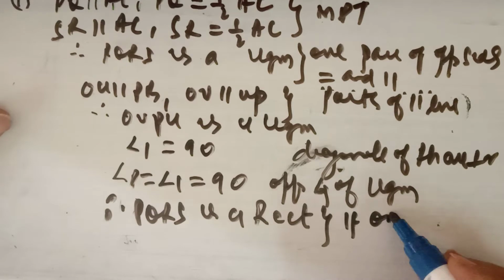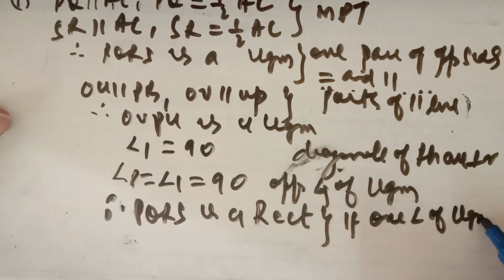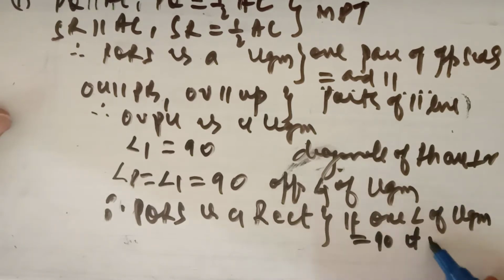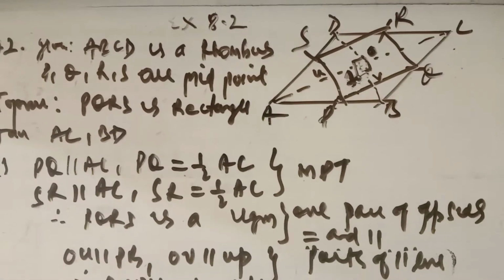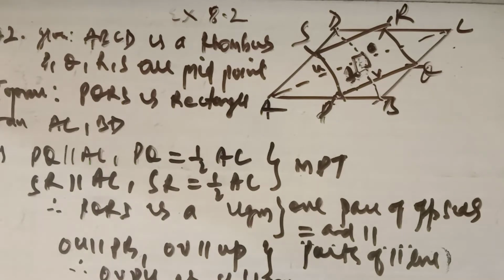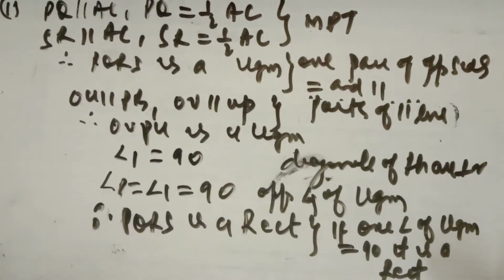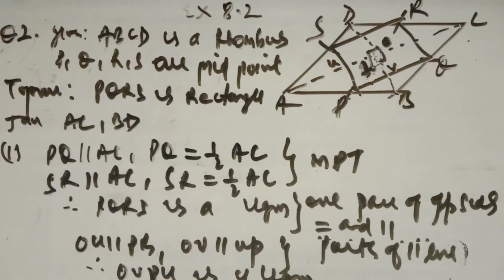Because a parallelogram is a rectangle if one of its angles is equal to 90 degrees. So the quadrilateral formed by joining the midpoints of the consecutive sides of a rhombus is a rectangle. This is question number 2 of exercise 8.2.